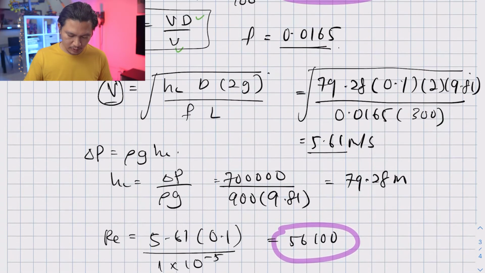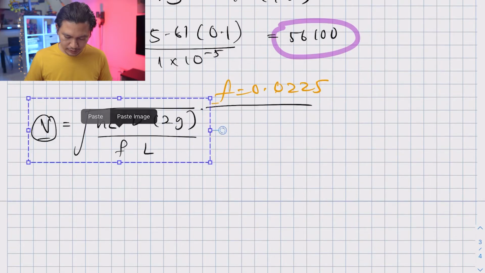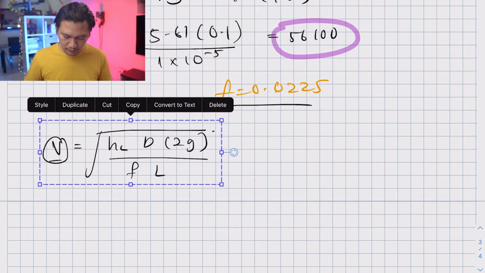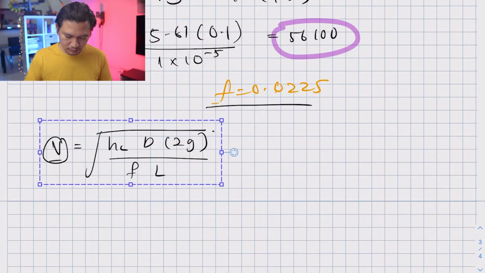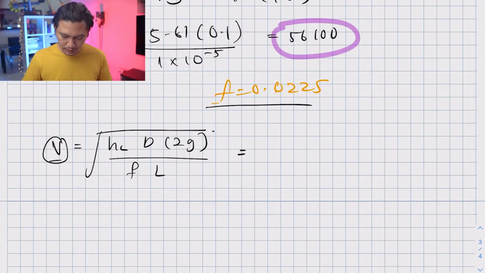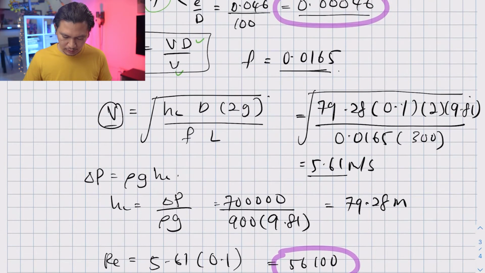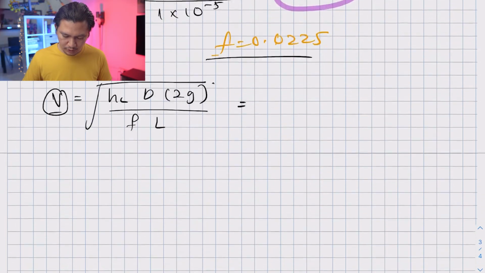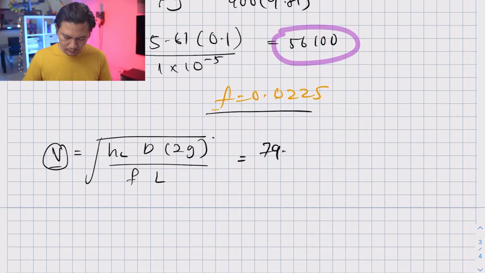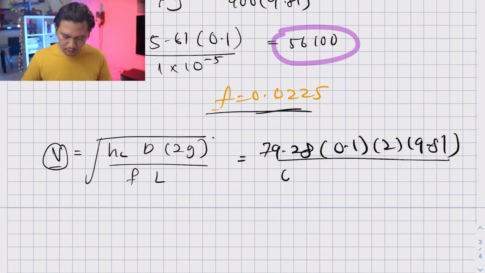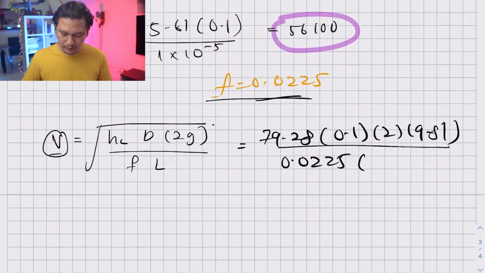So velocity, I'm going to copy this formula over here. Okay. Now, velocity is equal to HL. What is our HL? It is 79.28 times the diameter, 0.1, times 2 times 9.81, divided by my new F, that is 0.0225, times L. L is 300.